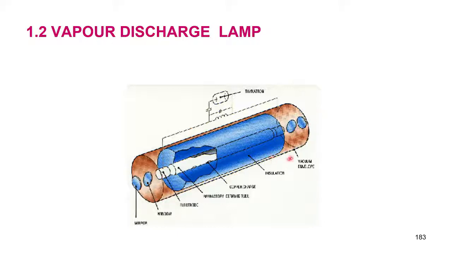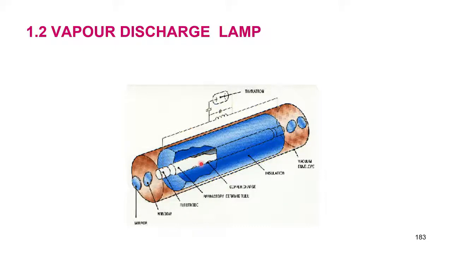And then there is a vacuum inside, and inside this hollow cathode tube we have the connectors here, and the sample is wound around this ceramic tube. It is a refractory ceramic tube, okay.